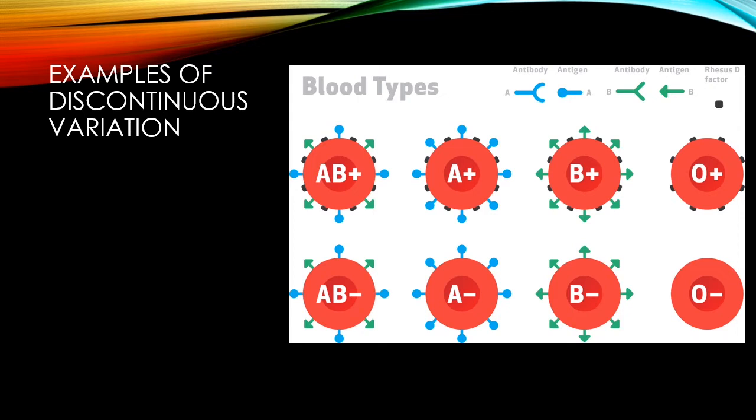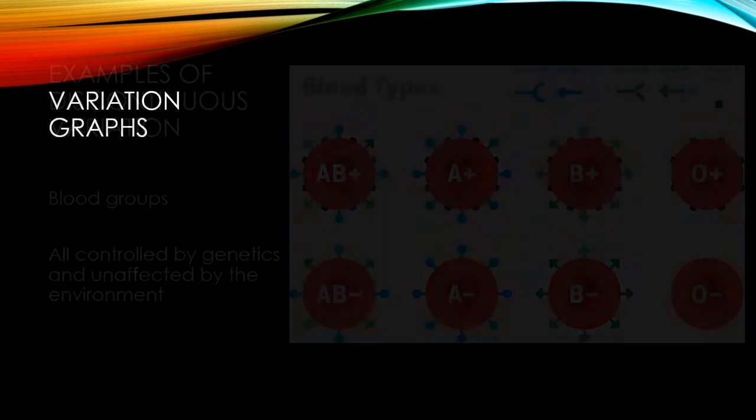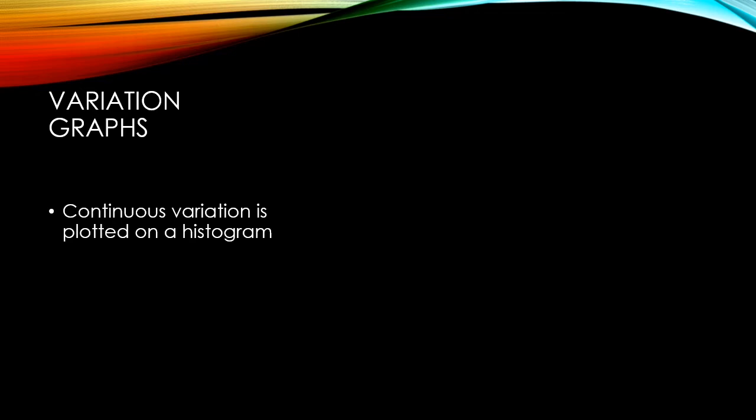Now, when we're plotting different kinds of variation, we need to use different graphs. So if we are plotting continuous variation, what we do is we plot it on a histogram. If you're thinking to yourself, what is a histogram? Remember in maths, you've used histograms before.